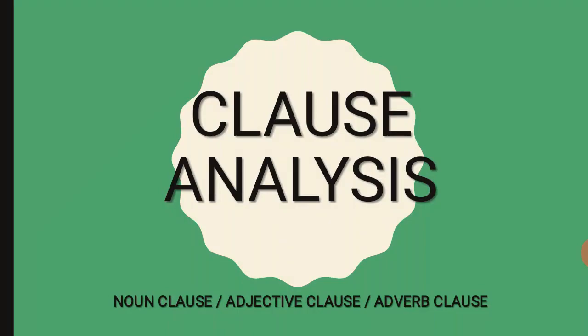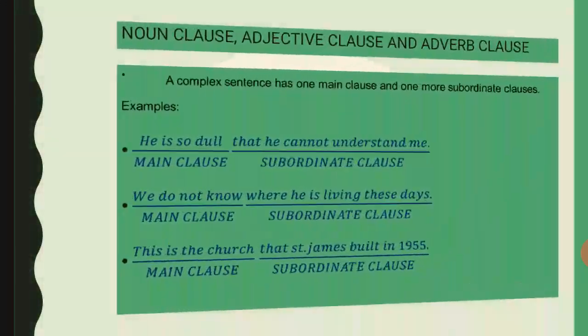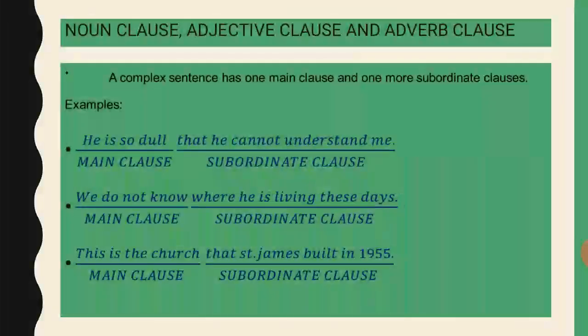Today we are going to see clause analysis, how we are going to find out subordinate clauses and main clauses. And in this topic, we are going to identify only the main clause and subordinate clause from the point of view of examination.